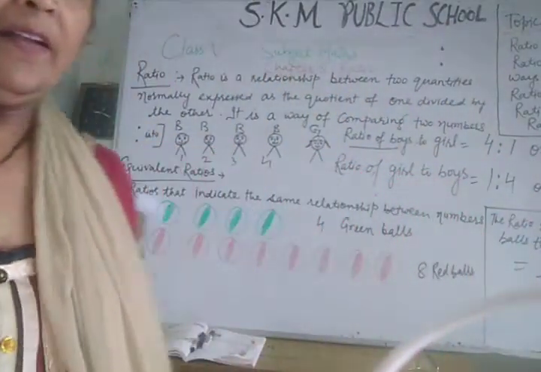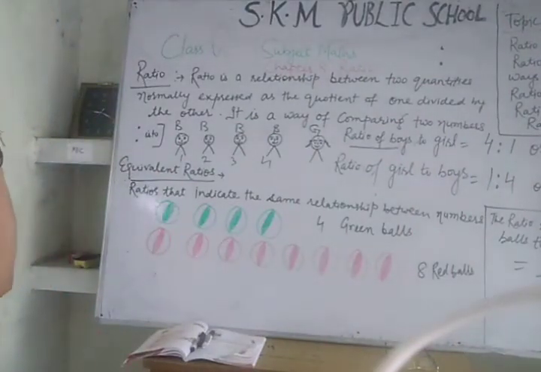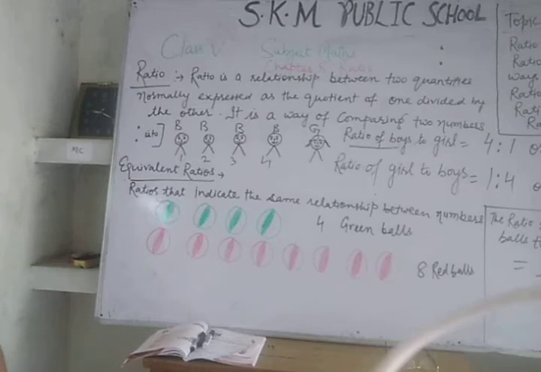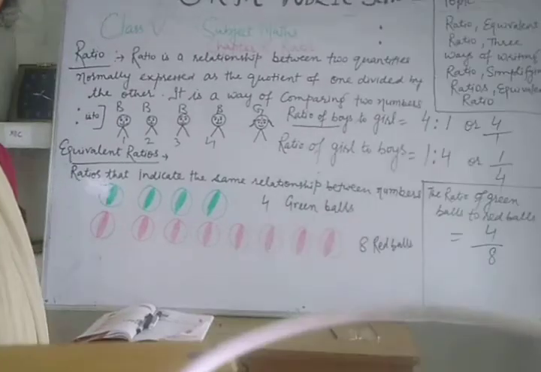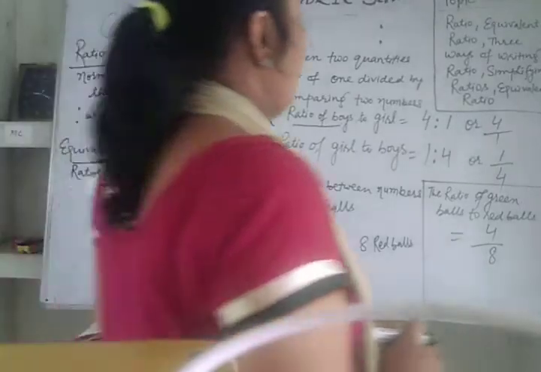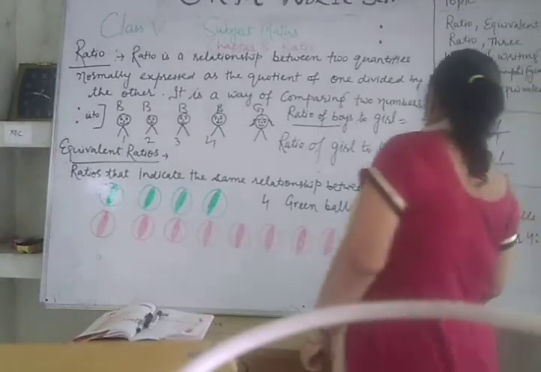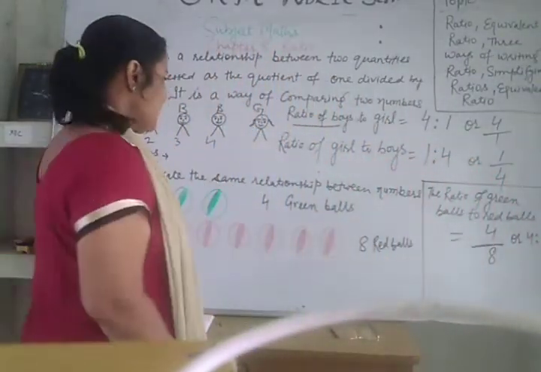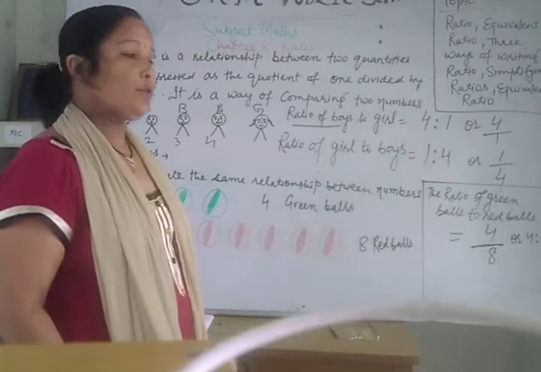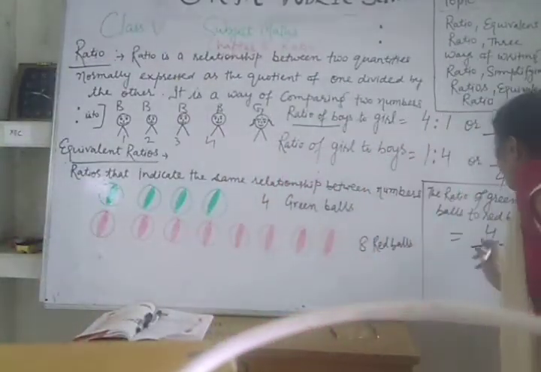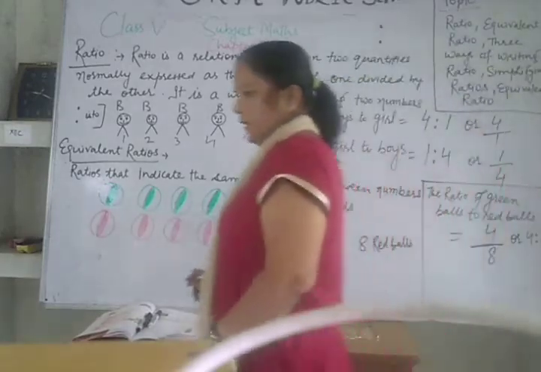If 4 balls are green and 8 balls are red, then the ratio of green balls to red balls will be: green balls are 4, so 4 will be taken in the numerator, and you can use 4 upon 8, or you can write 4 is to 8. 4:8, or this 4 upon 8 can be simplified first with the table of 2.